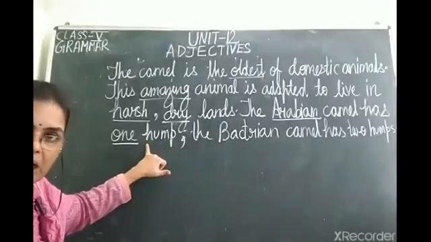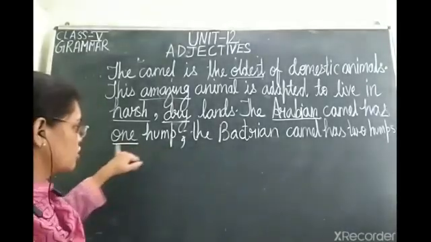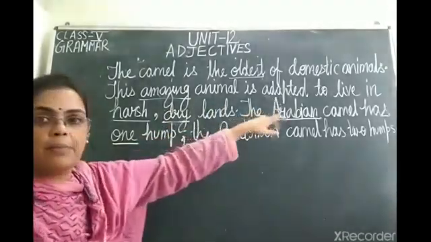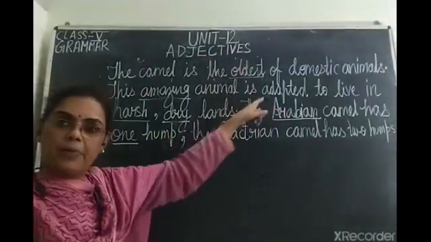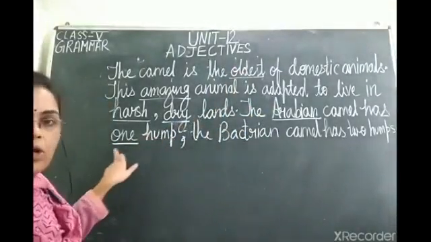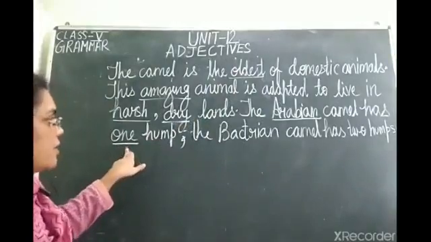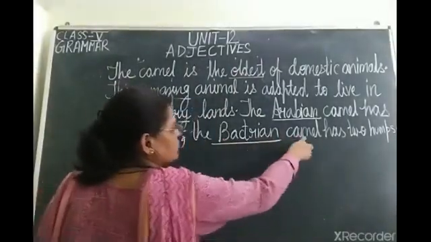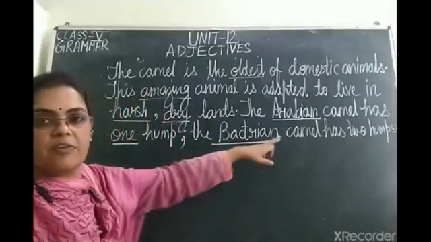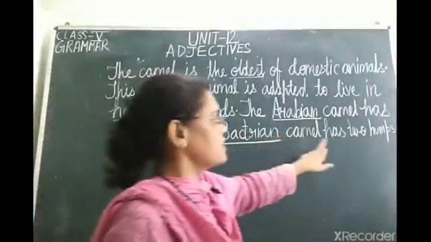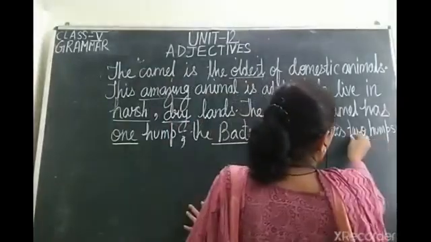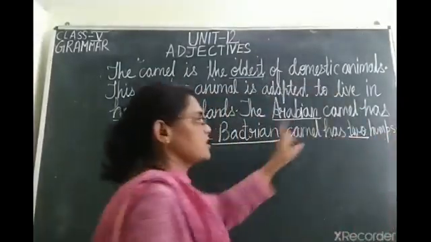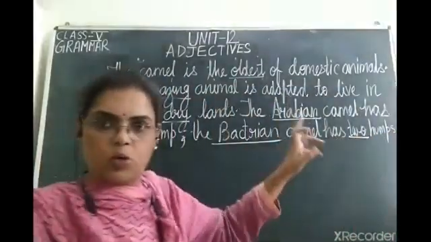Hump को describe कर रहा है. Hump is again a noun. So one hump. Arabian camel. Which kind of camel? Arabian camel. Hump को क्या describe कर रहा है? One. Then the second is the Bactrian camel. यहाँ पे Bactrian किसको describe कर रहा है बेटा? The word camel. And then has two humps. ये बेटा two again adjectives, क्योंकि ये किसको describe कर रहा है? Humps को. Got it?